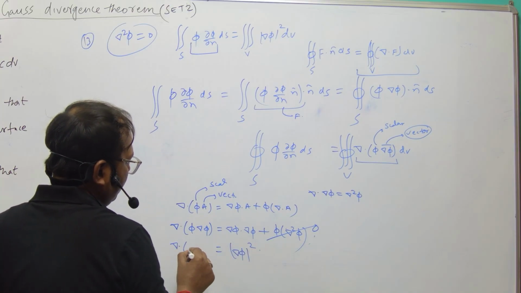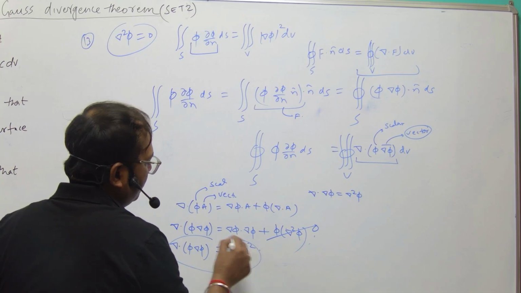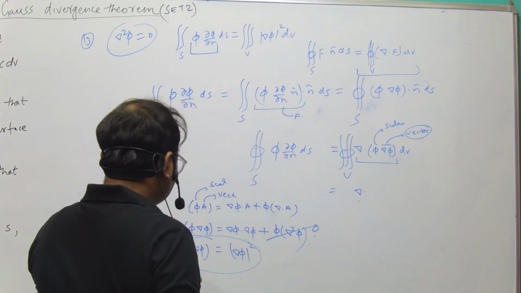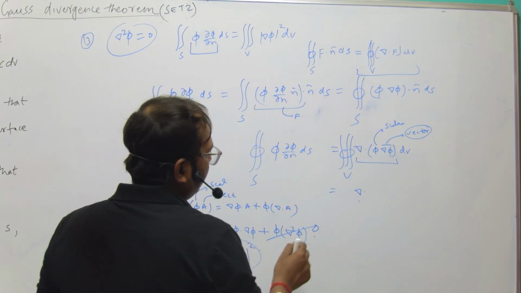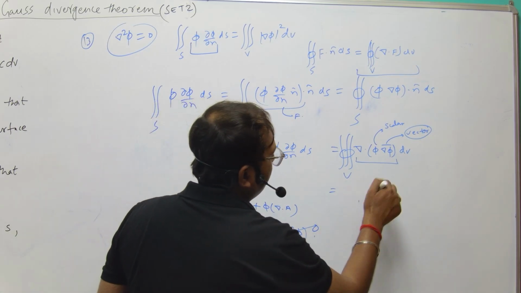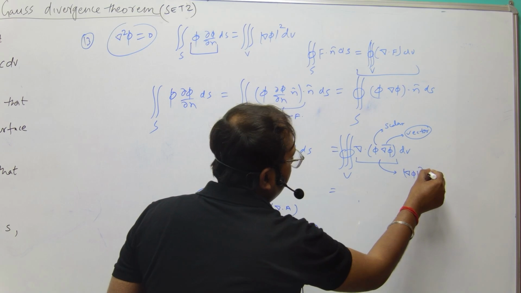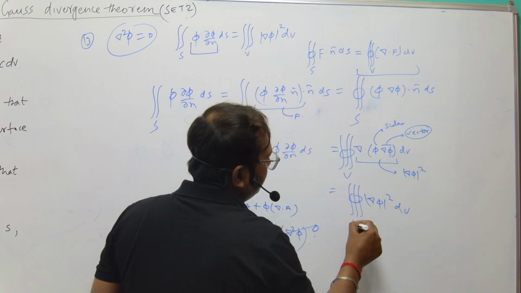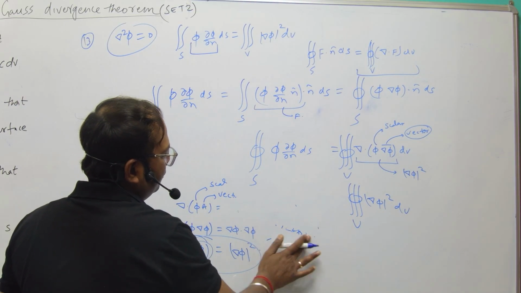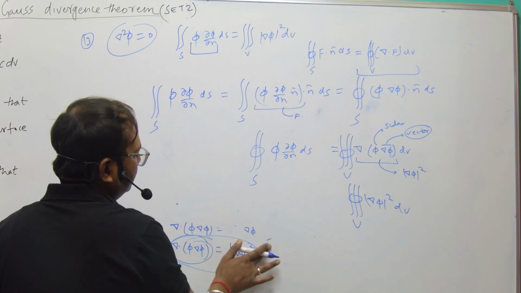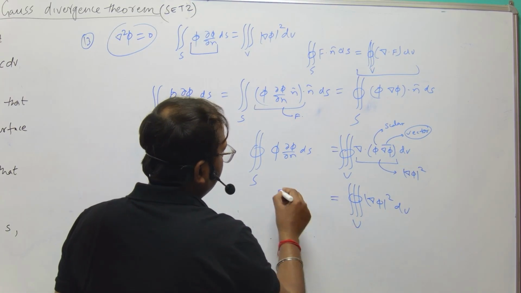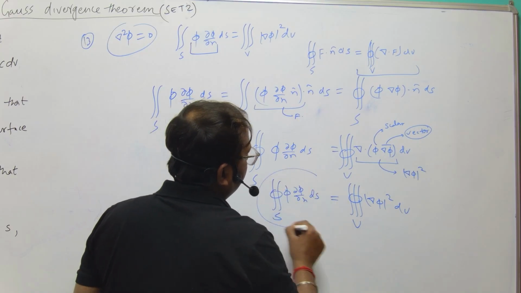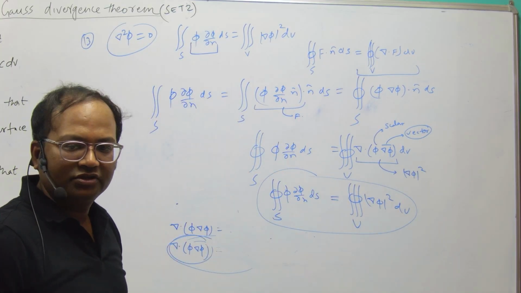Let us replace this in the earlier expression: the volume integral of del phi mod whole square dv, a triple integration along volume V, is equal to the surface integral of phi del phi upon del n into ds. This is what we had to show in the question.